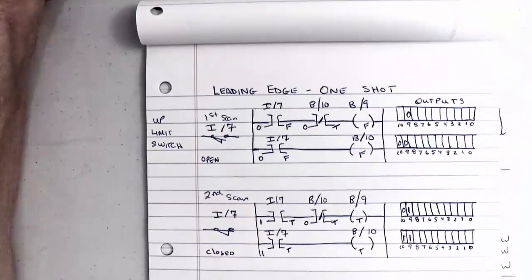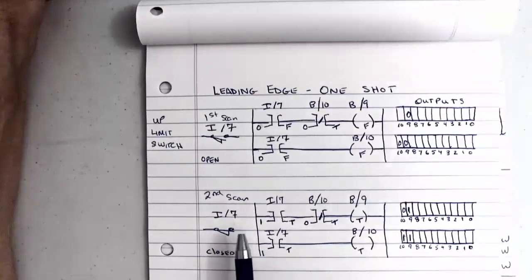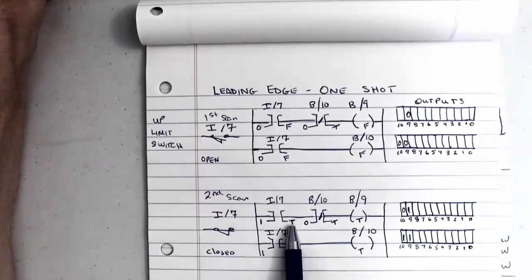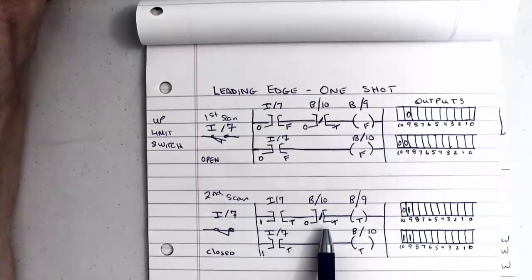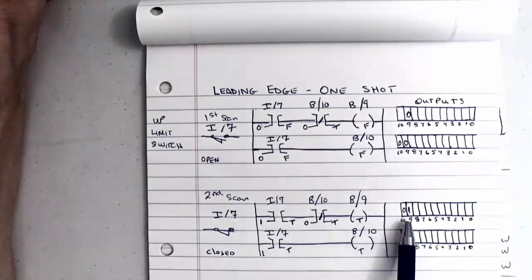On the second scan, we've now closed the limit switch. Looking at what happens in our program, the XIC sees a high because input 7 is closed. That makes that true. B10 is still low, which makes this XIO true, and our B9 in the output register would go true.